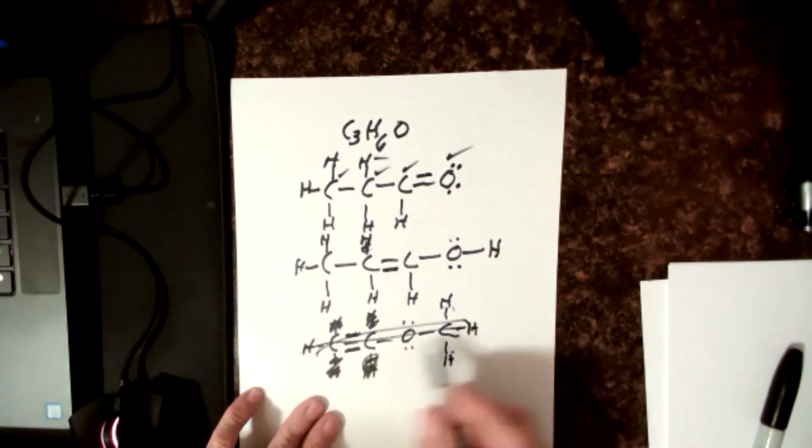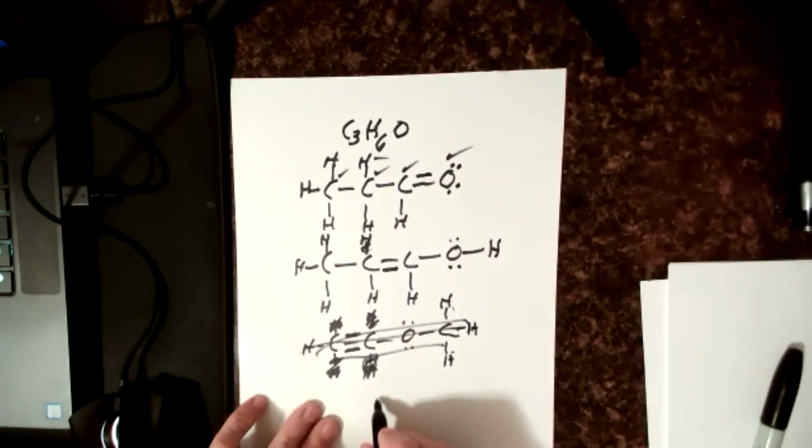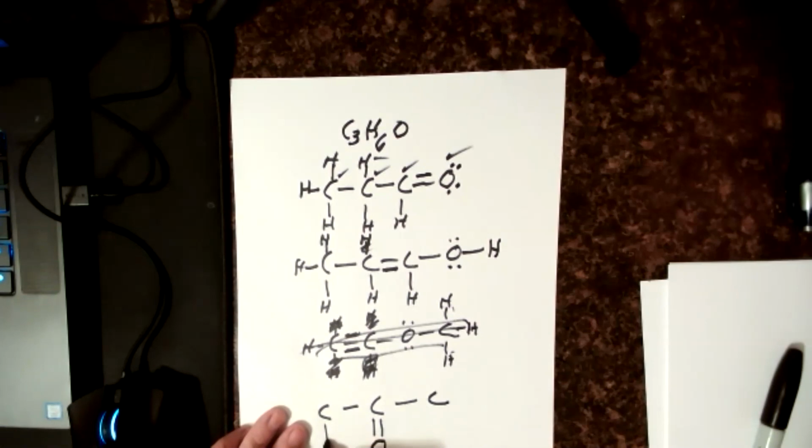Okay, let's see if I can put oxygen as a peripheral atom. Let's do it like this. And let's put the oxygen down here with a double bond like that. Now, will that work?